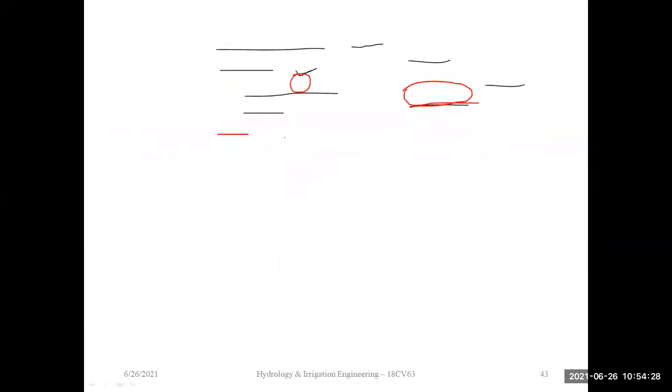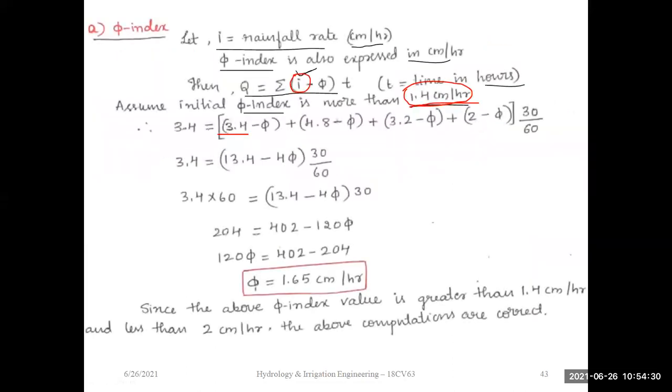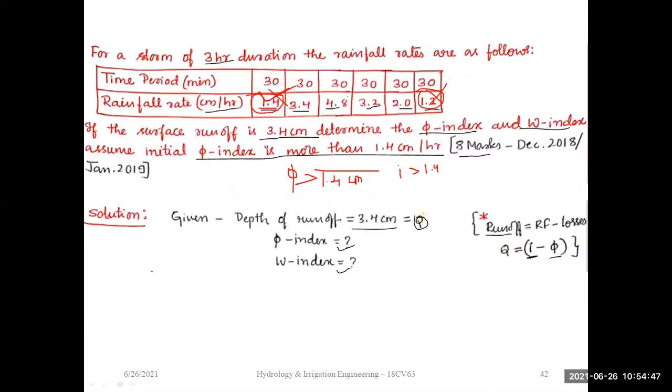While substituting in the formula, the runoff they have given is 3.4 centimeter, leaving out the intensities that are not more than 1.4 centimeter. Why do we leave the first and the last readings? Phi represents the losses, whether infiltration, percolation or evaporation.